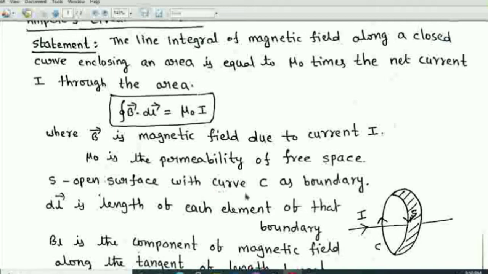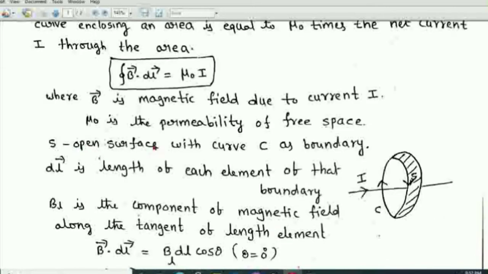Now consider an open surface with curve C as boundary. Let I be the current passing through the surface. Let the boundary C be made of a number of small line elements, each of length dl bar.